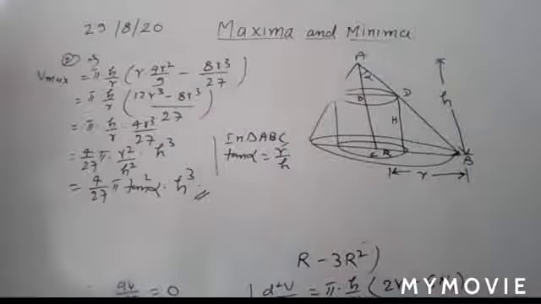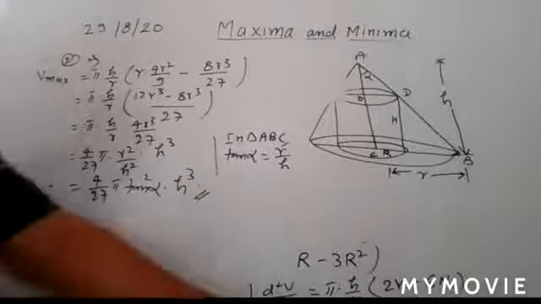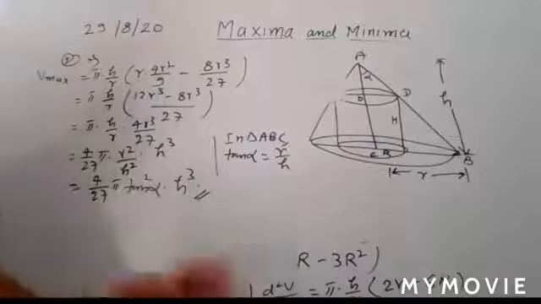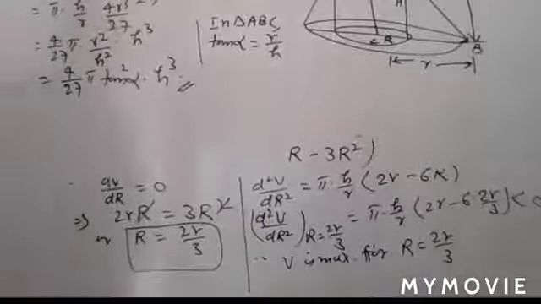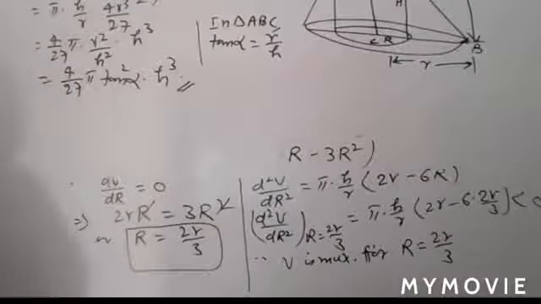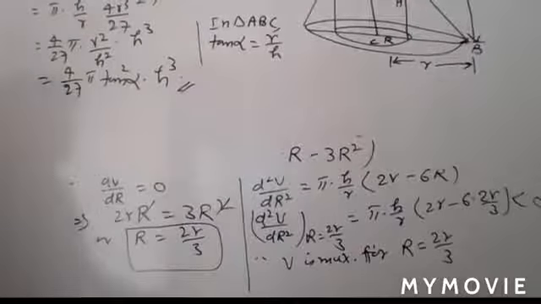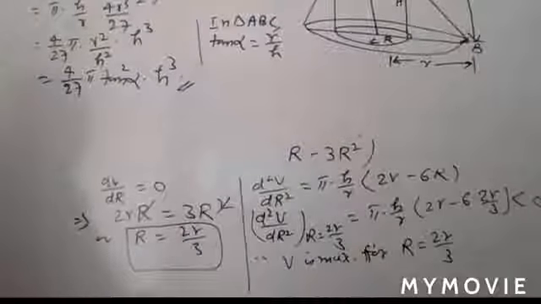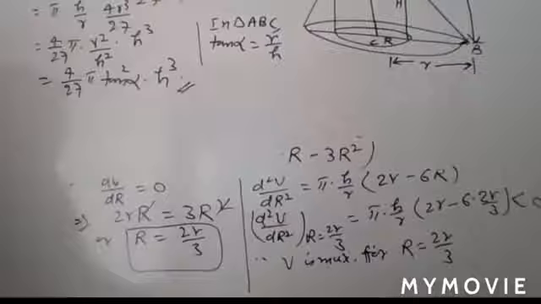You can do it on your own. If you put capital R is equal to 2r by 3 in the first equation, your result is in terms of small h and capital H, and in this way you have your result. Okay, so write the next question.